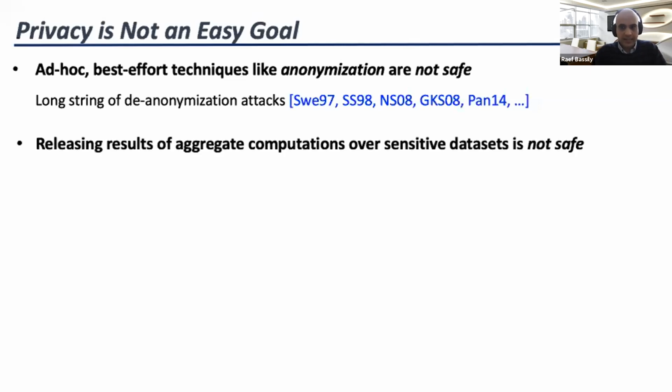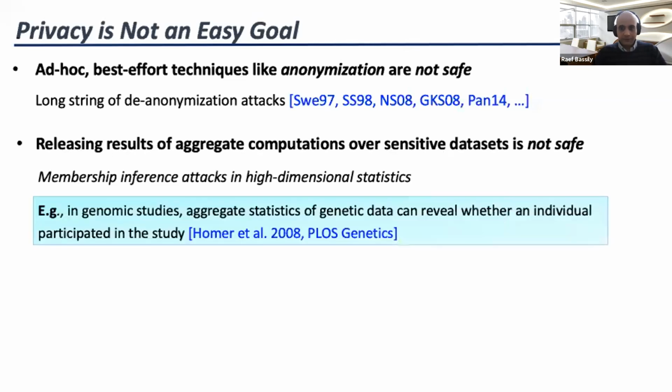On the other hand, even releasing functions of sensitive data sets or aggregate computations over sensitive data sets can leak information that may lead to privacy violations. Let me briefly mention 2 examples of this type of scenario. The first is what is called membership inference attacks, especially in high dimensional statistics.